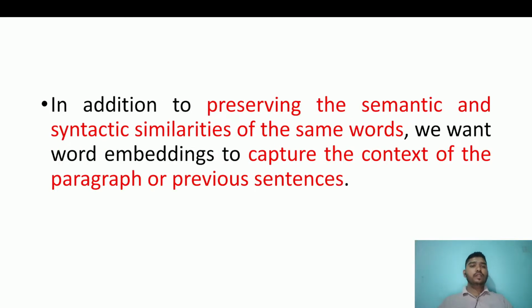In addition to preserving the semantic and syntactic similarity of words, we want word embeddings to capture the context of the paragraph or a previous sentence. So according to a previous sentence or paragraph, it will calculate the semantic and syntactic similarity properties of each word and preserve the data in the feature representation.